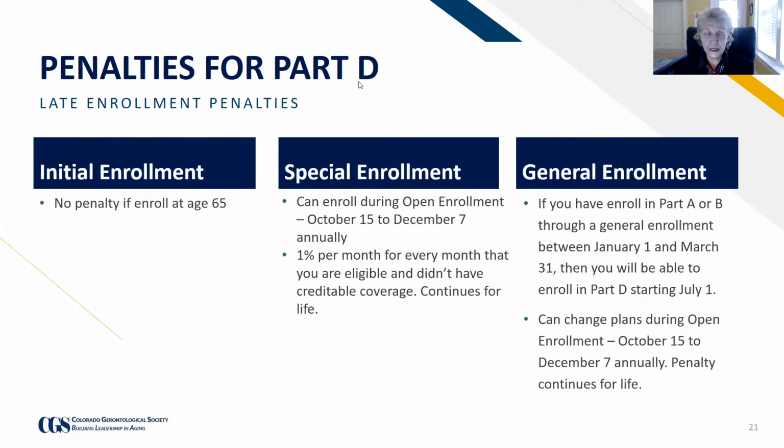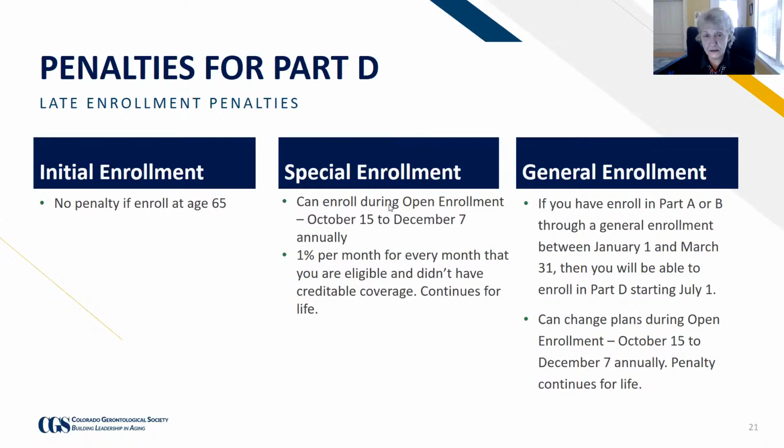The Part D is also a little bit different than the A and the B. So again, if you take your Part D at your initial enrollment period, there's no penalty. If you return the form, or return the card, or you check the right box when you enroll at mysocialsecurity.gov, then you won't have any issues, because that'll create the special enrollment period.